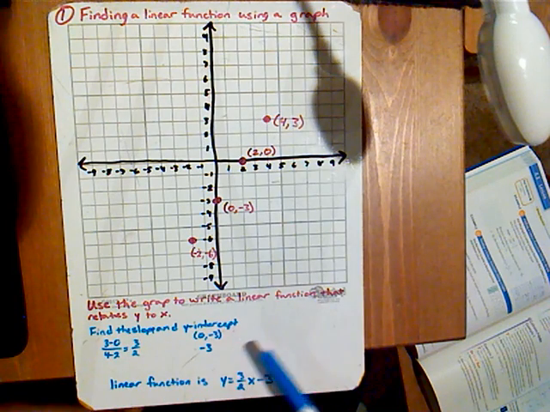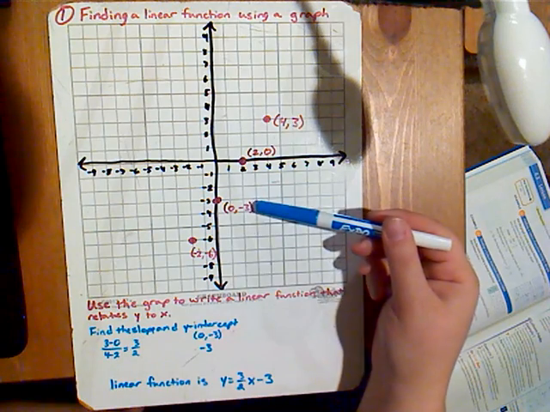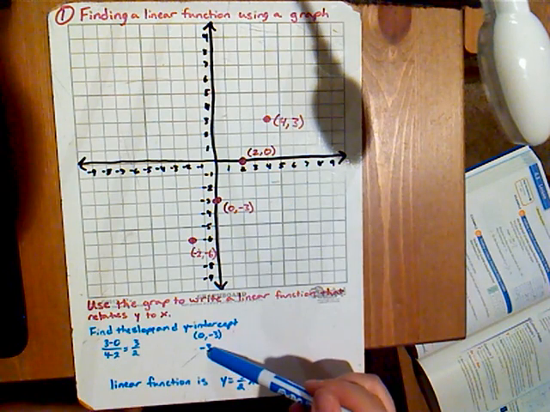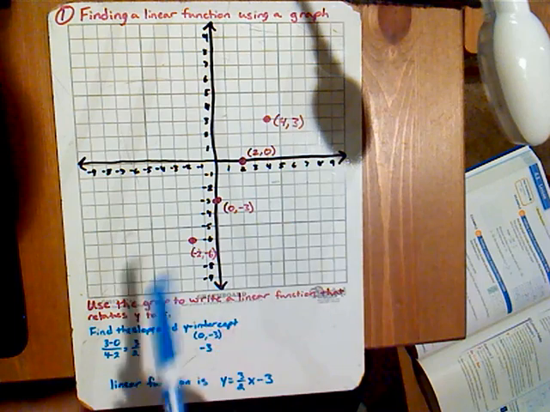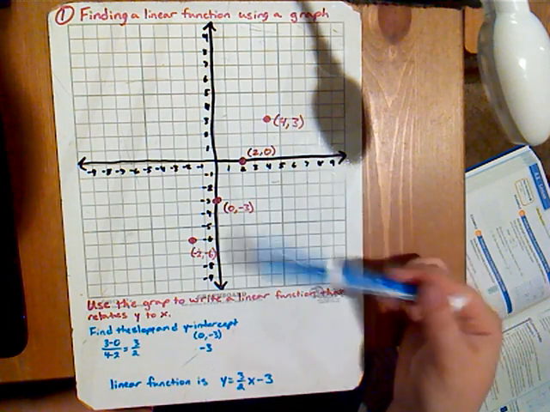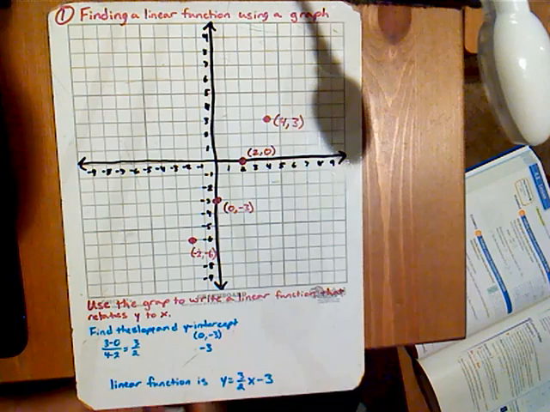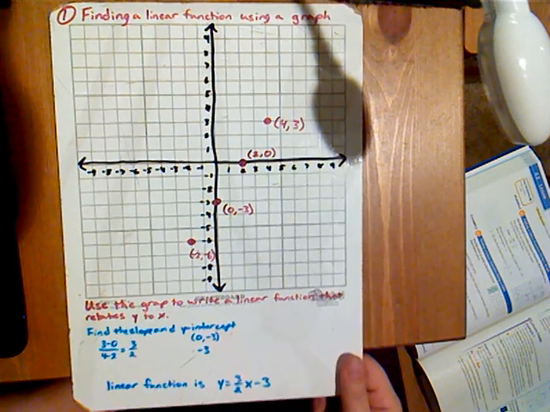Our y-intercept is at the point 0, -3. So our y-intercept is -3, giving us a linear function that is y equals 3 over 2x minus 3. So that is finding a linear function using a graph. So that is our first example.